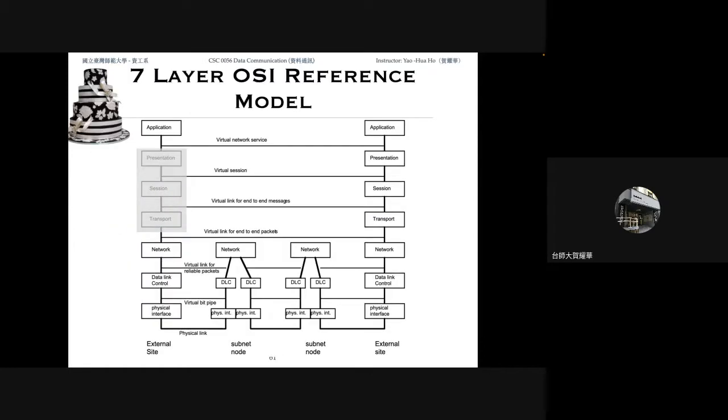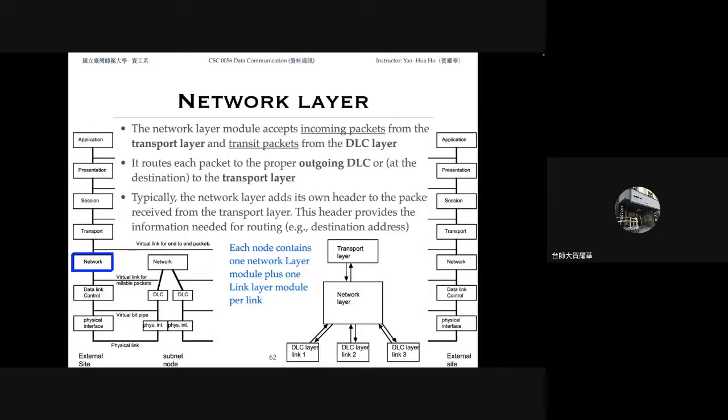Okay. From the transportation layer, you will have a networking layer. So from here, you provide what we call a virtual link layer between the end-to-end packets, a virtual link layer between the message, the virtual session, and the virtual networking service. Okay. So the next thing we look at is what we call the networking layer.